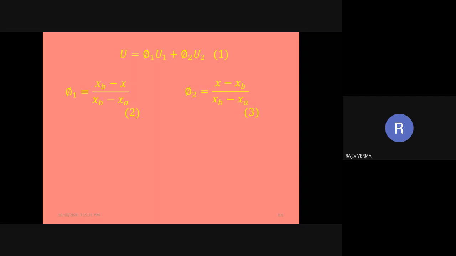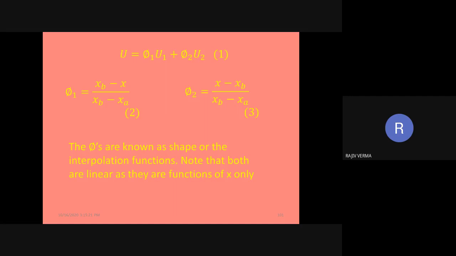And similarly, phi2 is also going to behave linearly. These phi's are known as interpolation functions or the shape functions. Note that both are linear and they are functions of x only. They are not functions of x square.